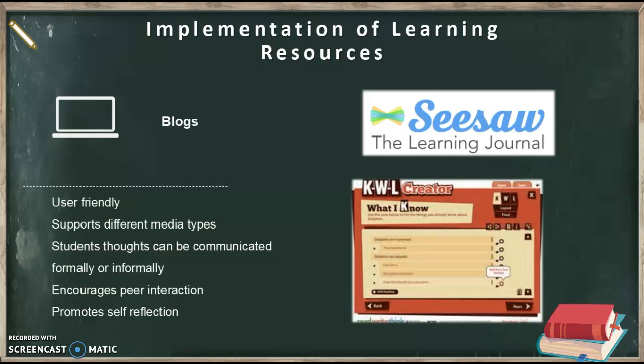Students will use the Seesaw app to complete their reflections and record information during research. This app connects the student, teacher, and parent and is very good for self-reflection. Students can use it to draw, collage, and record, just to name a few of its features. KWL Creator is an important tool to help students reflect on prior learning and information they wish to learn.